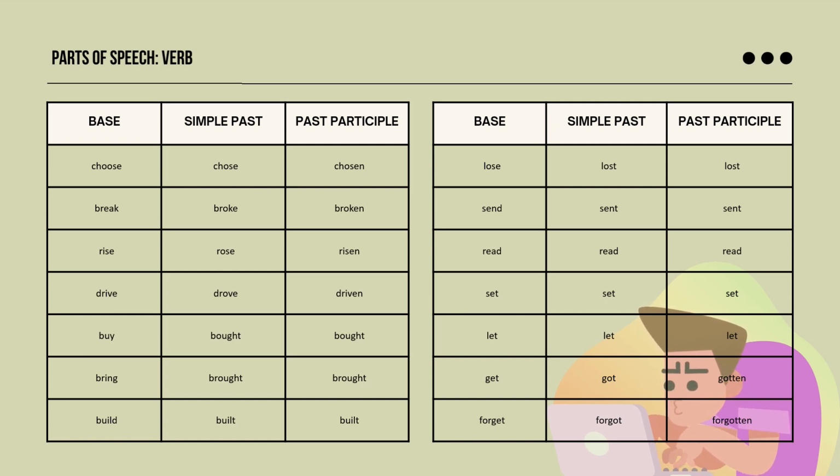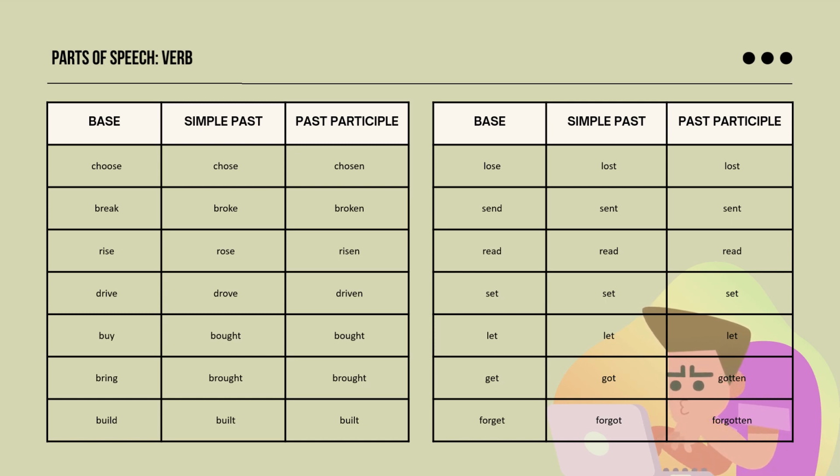at alin ang nag-retain. So next, we have rise, rose, risen; drive, drove, driven; buy, bought, bought; bring, brought, brought; then build, built, built. For the next batch, lose, lost, lost; send, sent, sent.